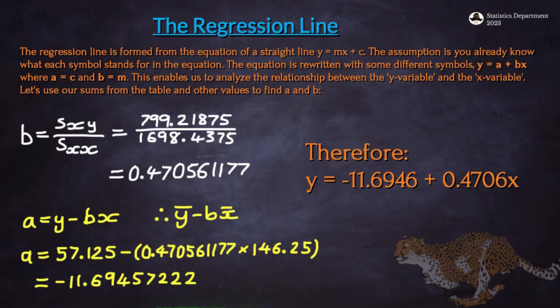Then for our a, we just substitute the y bar, which is 57.125, minus the b, which we already calculated on top there, times our x bar, which we calculated back there, 146.25 days, not years. It's in days. As you can see, our a is negative 11.6946, which is why I had to extend the y-axis and the x-axis into the negative quadrant.